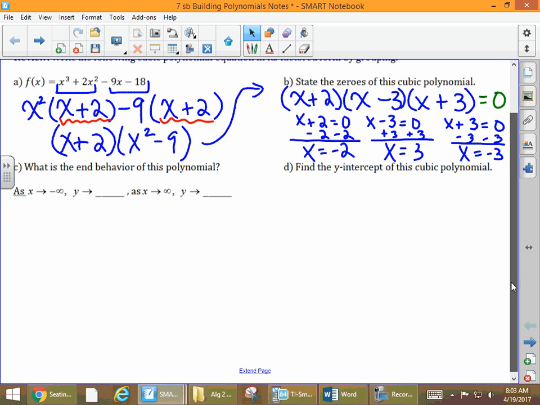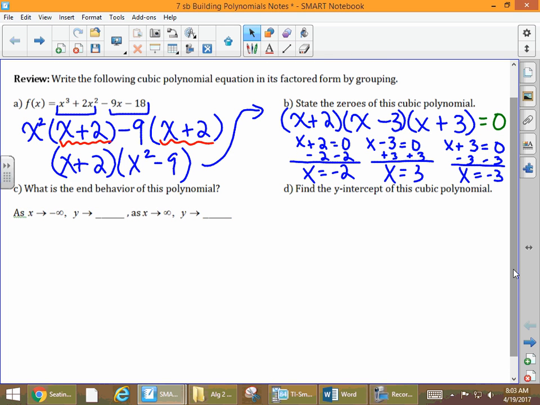So next, we want to know what's the end behavior of this polynomial. If you know the sign of the leading coefficient, we can identify what the end behavior is. So what's the sign of the leading coefficient?